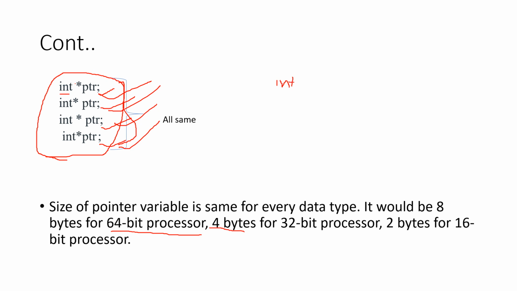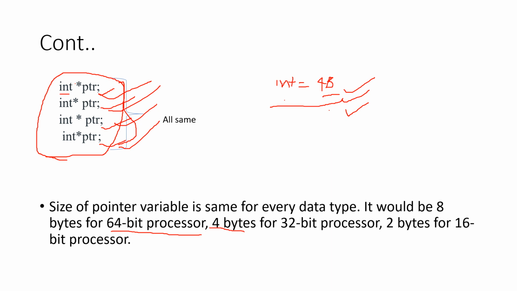If it is a 64-bit processor, the integer is 4 bytes, float is 4 bytes, double is 8 bytes, and character is 1 byte.